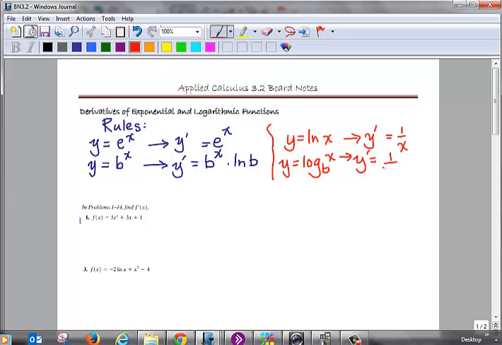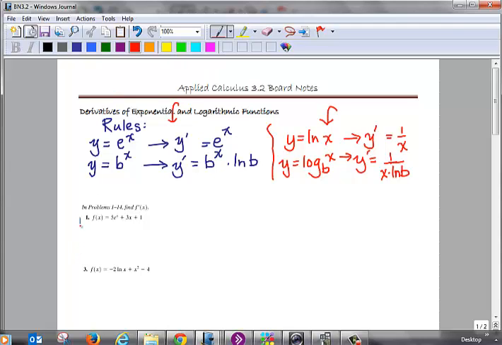It'll be 1 over x multiplied by 1 over the natural log of b. Another way to write that would be 1 over the product x times the natural log of b. So these are your rules for exponentials here on the left side of the screen. Here are your rules for logarithmic functions and taking the derivative.